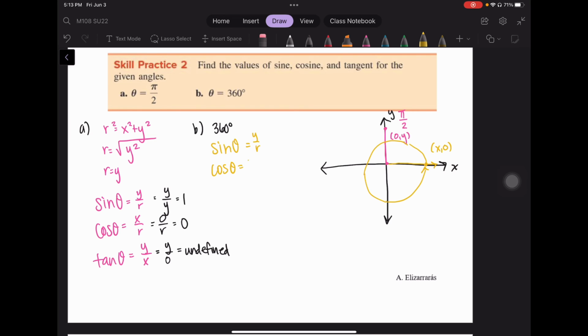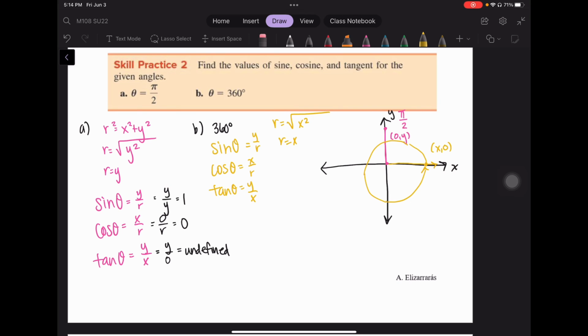Cosine of theta is x over r, and tangent of theta is y over x. I'm just repeating these so that you start to get familiar and start to memorize them. Again, r in this case is going to be the square root of x squared plus y squared, and y is 0 in this case, so r is x when we're dealing with 360.